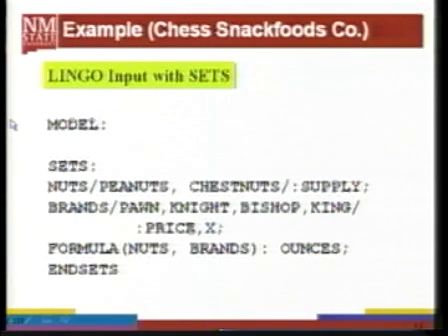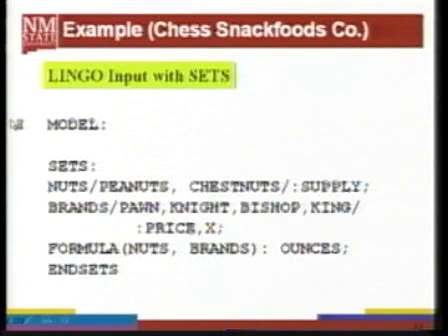The nut set has a single attribute, which is supply, the daily supply of nuts in pounds. The brand set has two attributes, price and X, right? Price stores the selling price of each brand, and X represents the decision variables of how many pounds of each brand to produce each day. Okay?